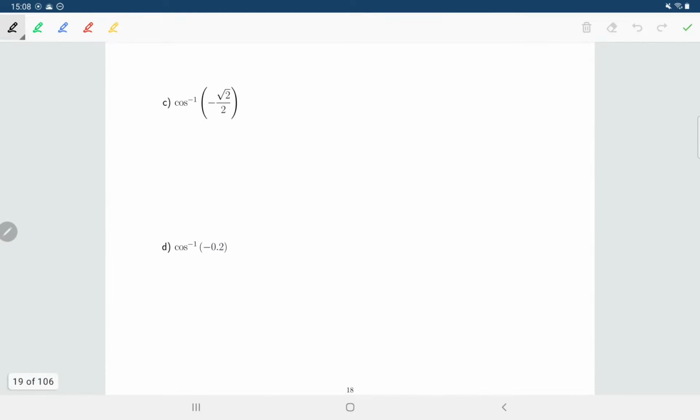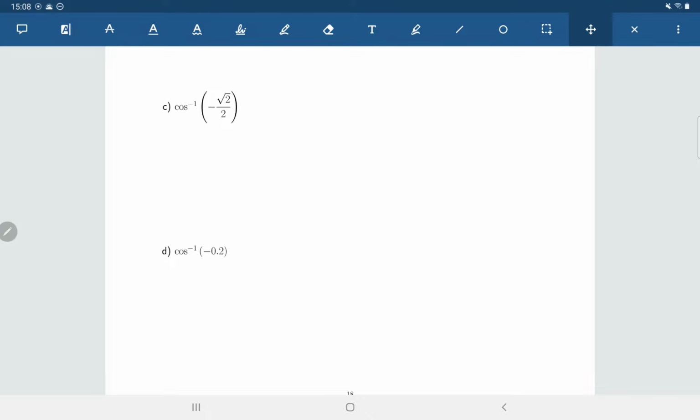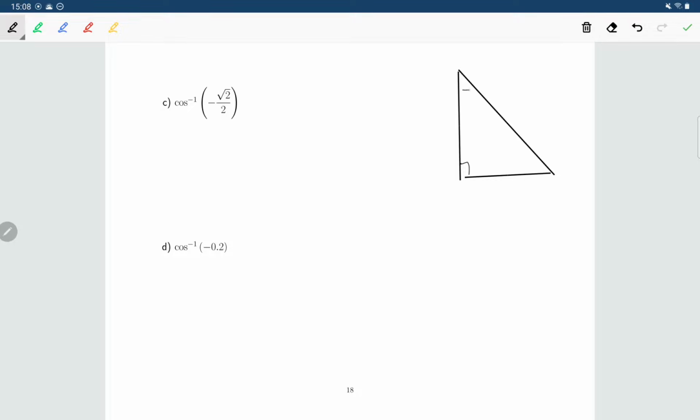For the next one, we have cosine inverse of -root 2 over 2. I know that root 2 over 2 shows up when I'm looking at my special triangle where the angles are 45, 45, and 90. So if I get my special triangle, pi over 4, pi over 4, and pi over 2, I know that cosine of pi over 4 is positive root 2 over 2.